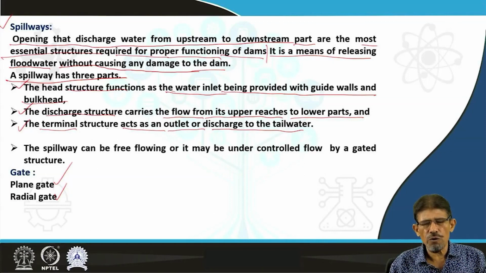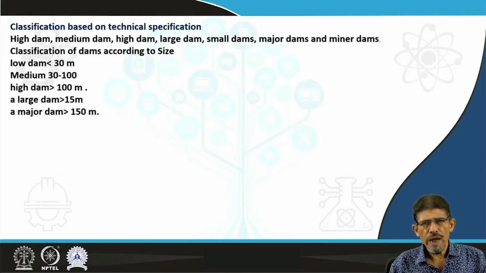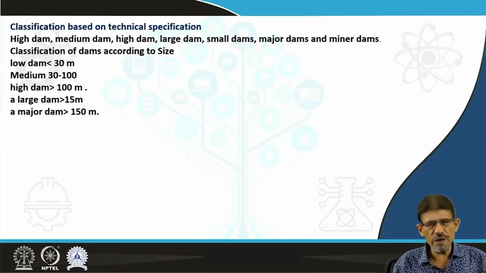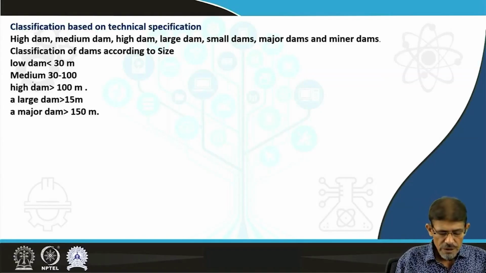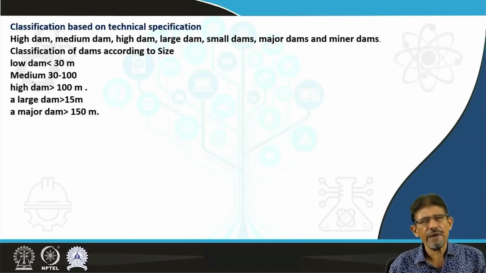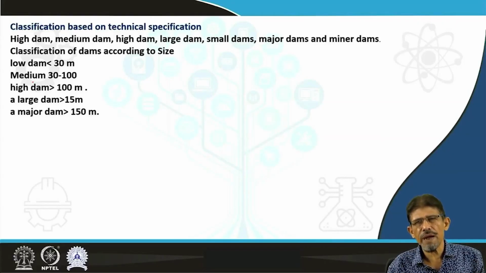These are the technical-based, application-based, and material-based classifications of dams. Now, as per the international body called the International Commission on Large Dams, and USBR, dams can be categorized in three categories based on height: low dam, medium dam and high dam.